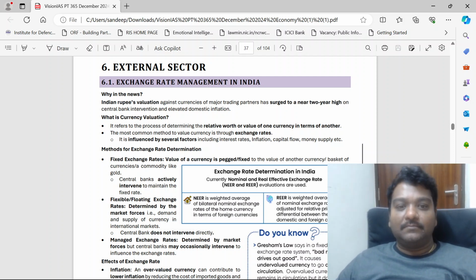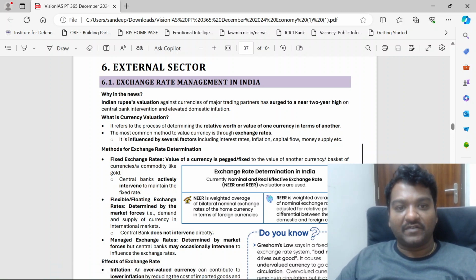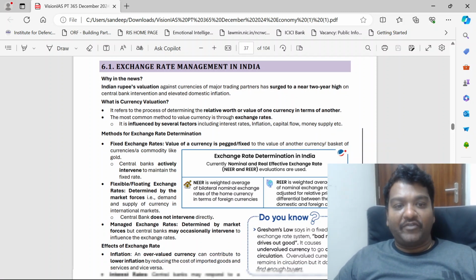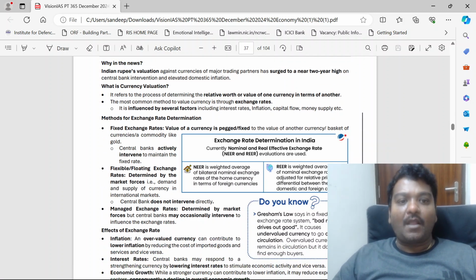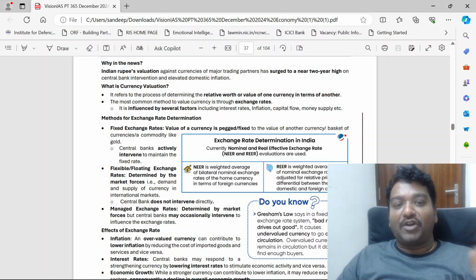Last minute, I understand the significance of this, but still, let's quickly get into this. Exchange rate management of India is okay. Now, as you are aware, it is the duty of RBI to ensure that the exchange rate is under control.